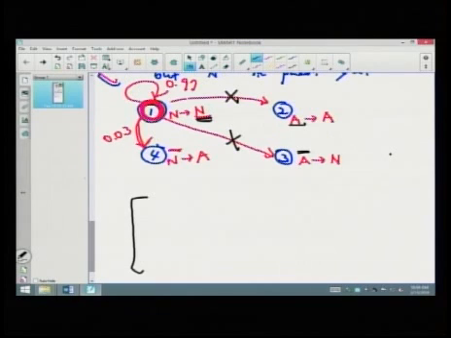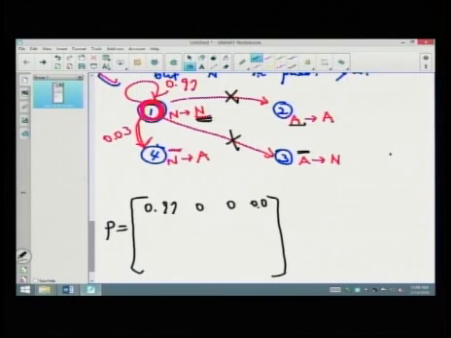So eventually we're going to have this one-step transition probability matrix. Okay. So currently what we have is 1, 1 is 0.97, right? And then 1, 2 is 0, 1, 3 is 0, 1, 4 is 0.03.